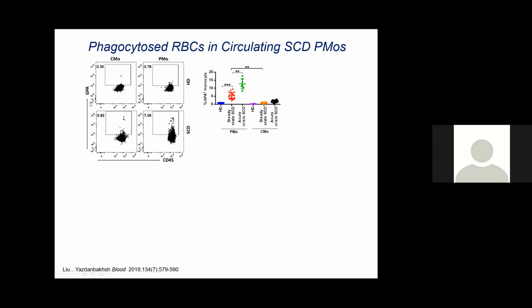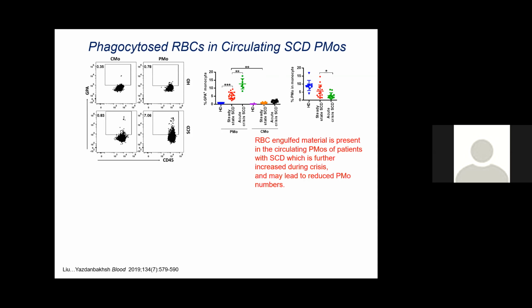We did an intracellular stain for glycophorin A, a red cell marker. On the other side, there were fewer patrolling monocytes in sickle patients, and even fewer during crisis. So it could be that they're picking these red cells up, and this could lead to their death as well.